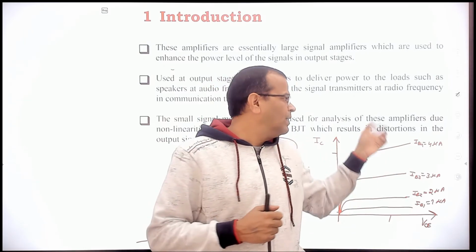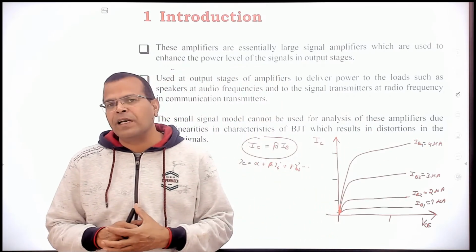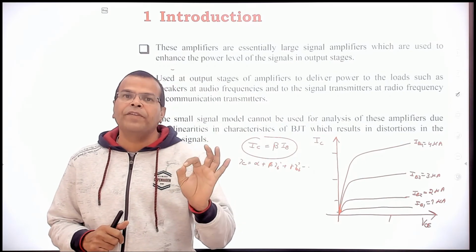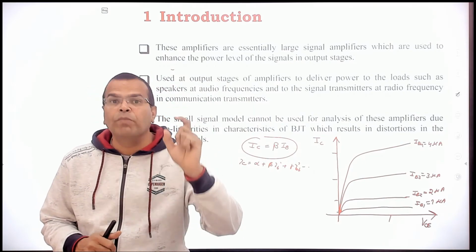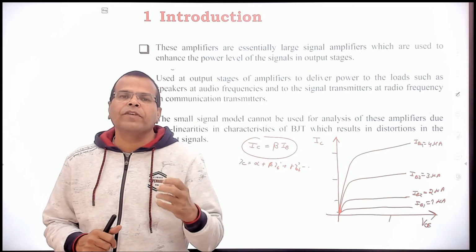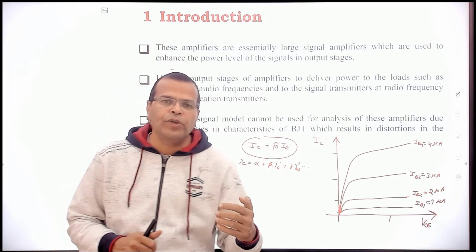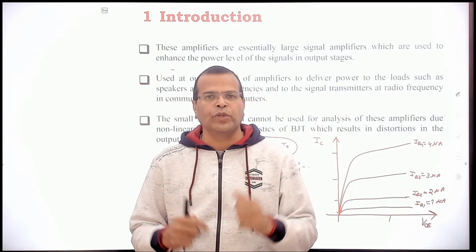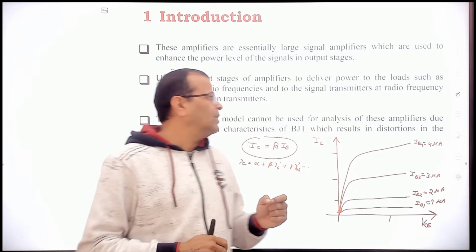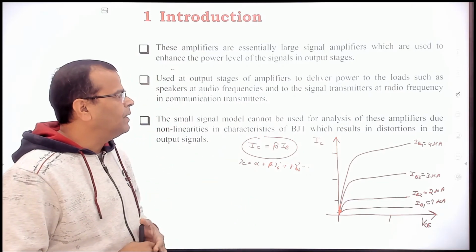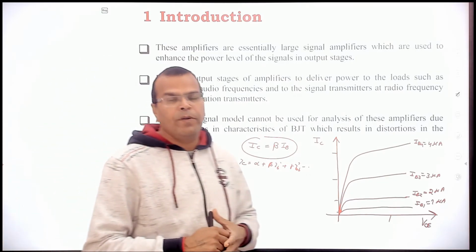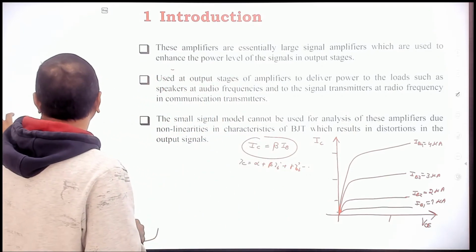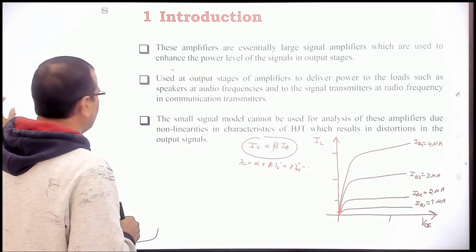So whenever there is no linear relationship between base current and collector current, even though the base current has a single frequency, the collector current will have multiple frequencies, and these frequencies introduce a distortion in the output signal, which is nothing but non-linear distortion. So the large signal amplifiers basically have that problem of non-linearities in the characteristics of BJT. Fine. So this becomes important from that angle.